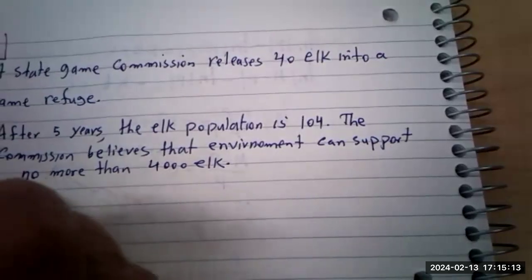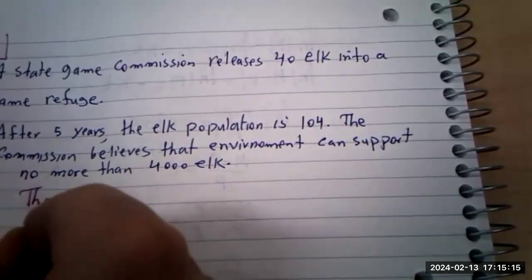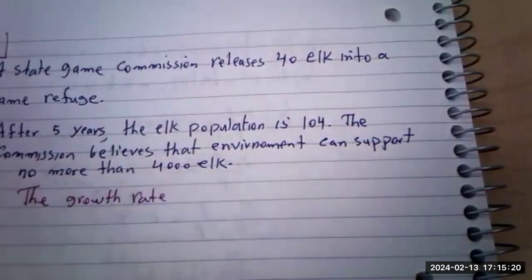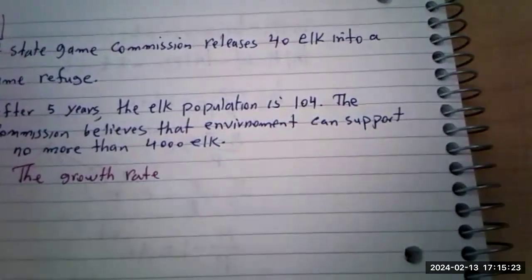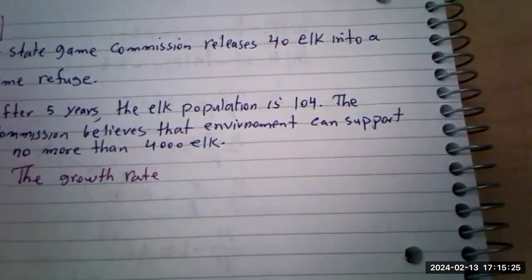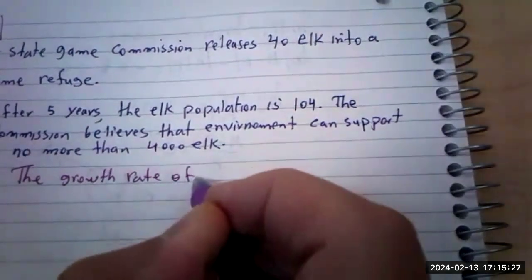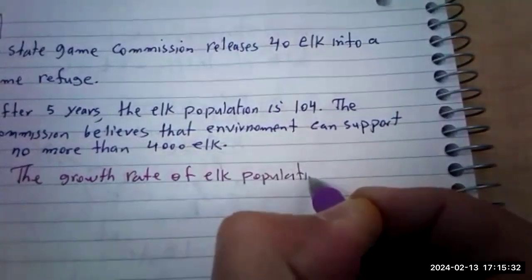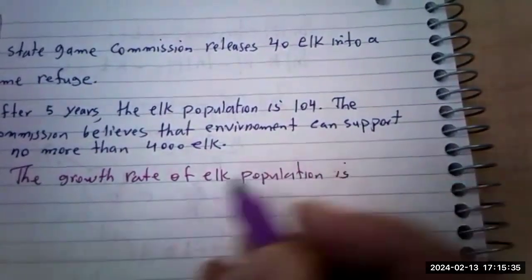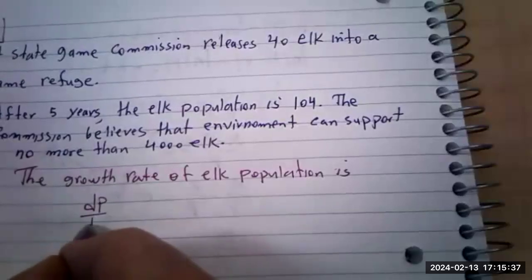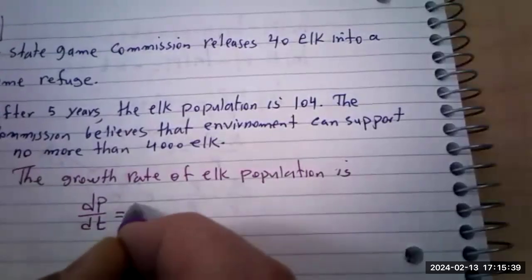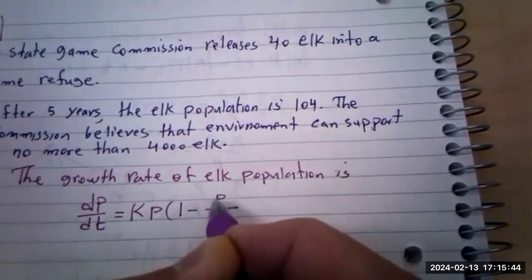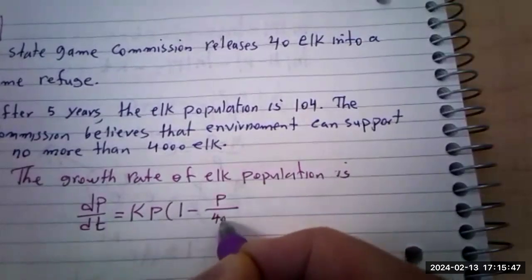The growth rate. This information you can put together. It's a logistic equation. So the growth rate of this population is given by dP/dt, the rate, equal to k times P times 1 minus P over 4,000.